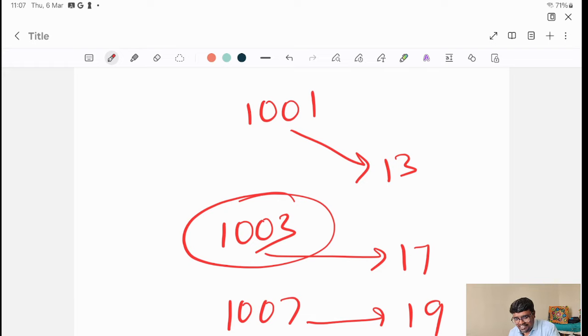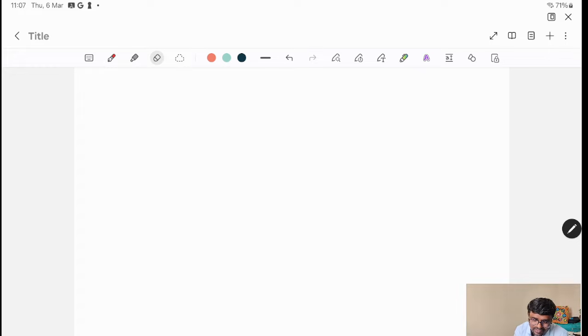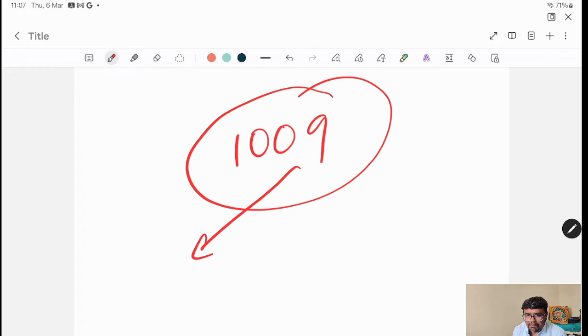These are multiples of, see, there is a pattern: 1001 is a multiple of 13, 1003 is a multiple of 17, 1007 is a multiple of 19. Interestingly, 1009 is a prime number, and it is the least possible prime number among 4-digit numbers. So the least possible 4-digit prime number is 1009.